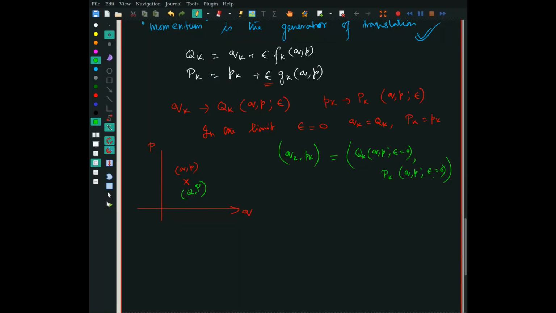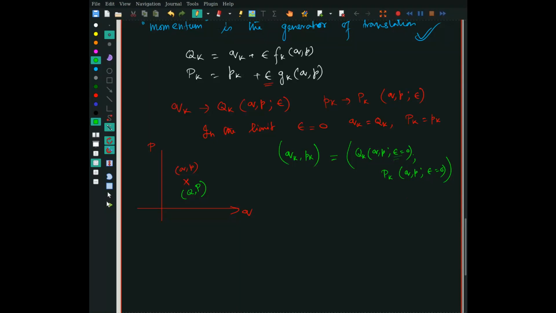You can think about it that this epsilon is a parameter. You are looking at the evolution of the coordinate points with respect to parameter epsilon. If epsilon is a time, then that is time evolution.